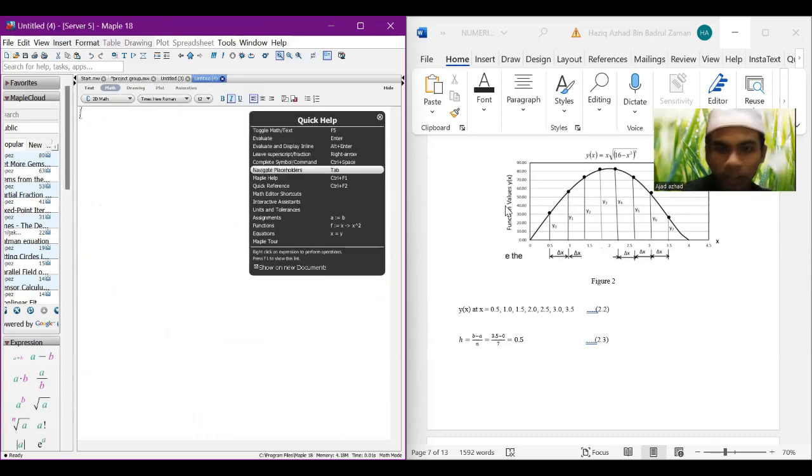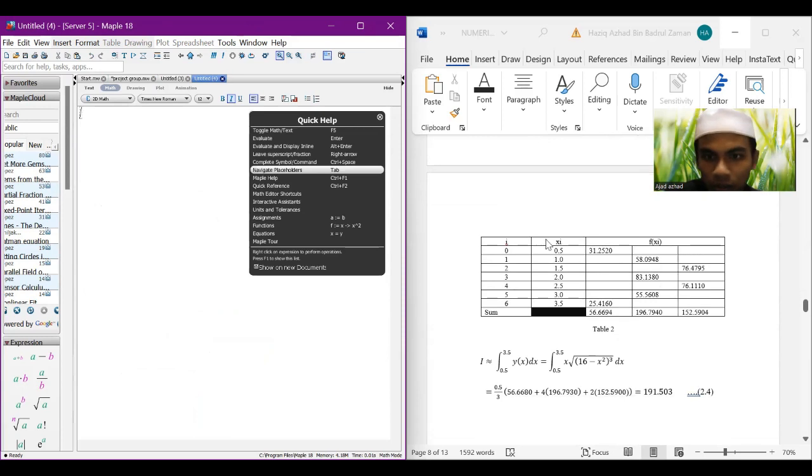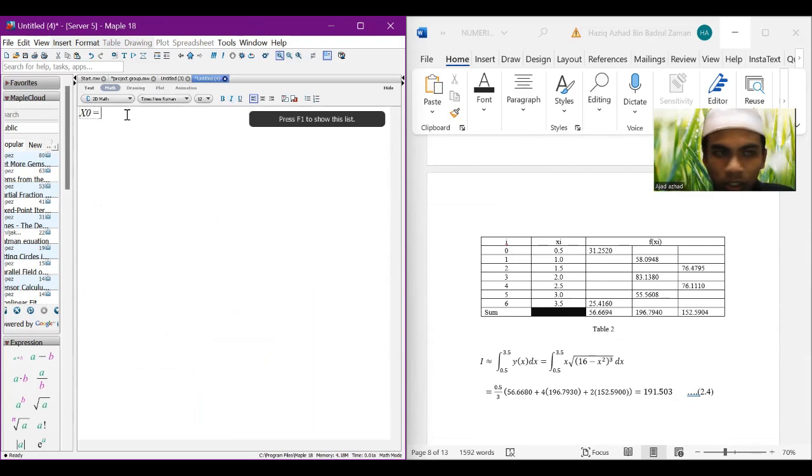As you can see, in the table we start from 0.5 until 3.5, which is x0. We just insert x0 equal to 0.5.